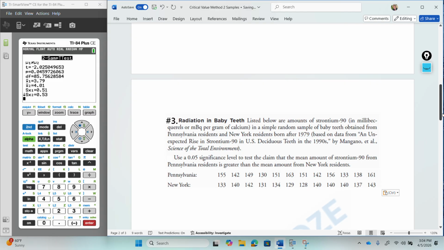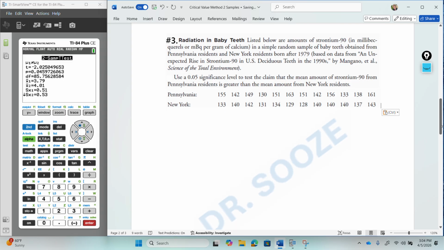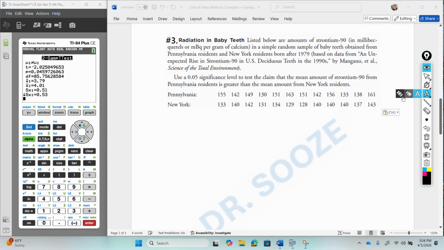Listed below are the amounts of strontium-90 in a simple random sample of baby teeth obtained from Pennsylvania residents and New York residents born after 1975. So we're going to have two groups. Our first group is Pennsylvania, and our second group is going to be New York.